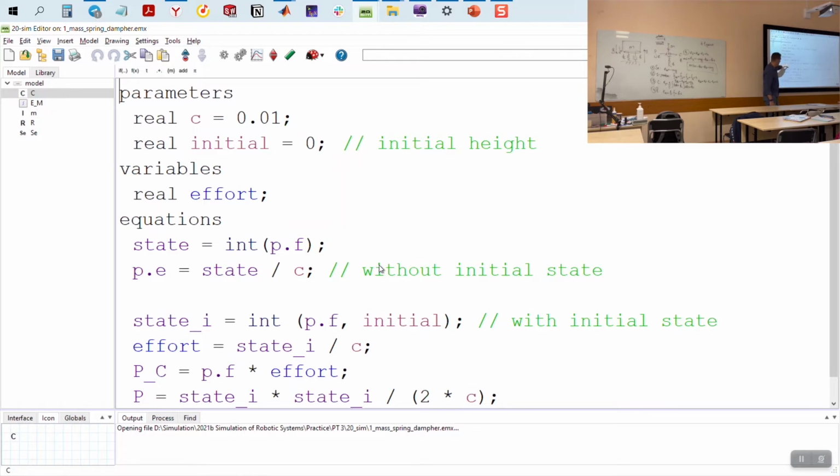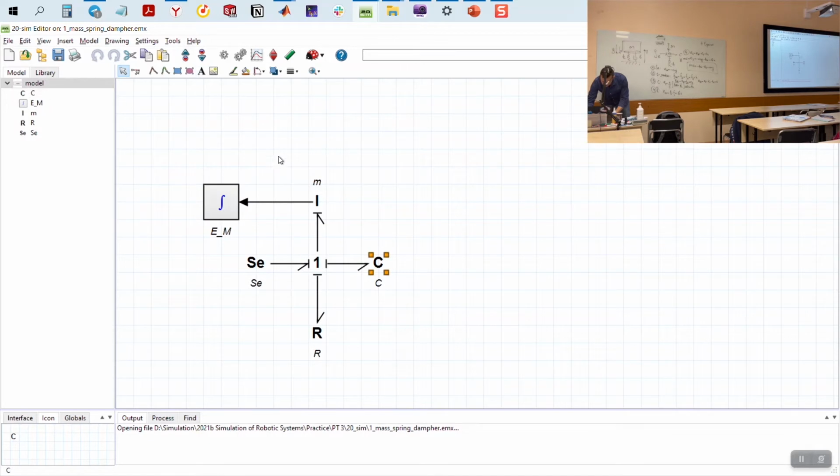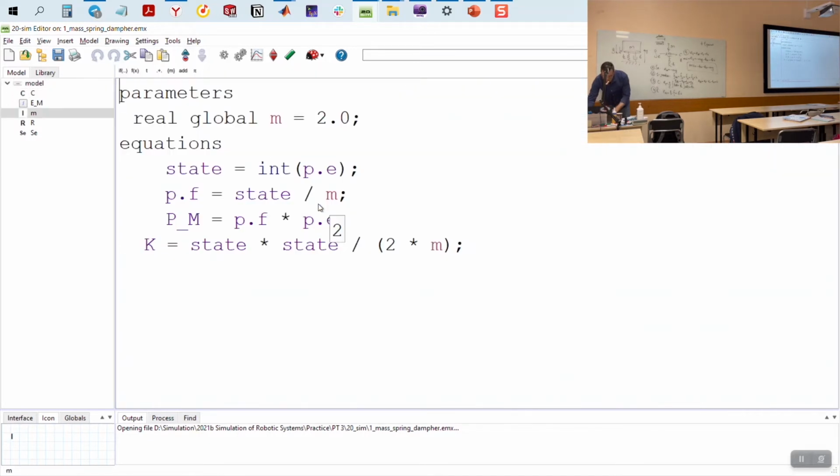And the effort equals position, so x over C. C is a compliance, so it will be x times the coefficient of stiffness. So it's pretty much the same equation that we just derived. It is for the C element, and the same goes for the I element. It's always an equation for flow and an equation for effort.